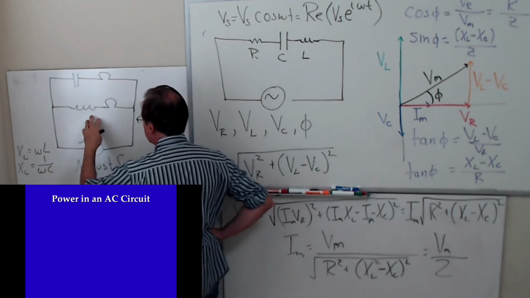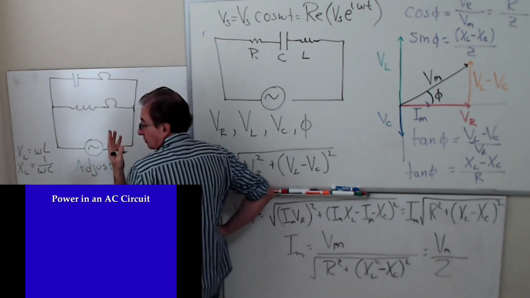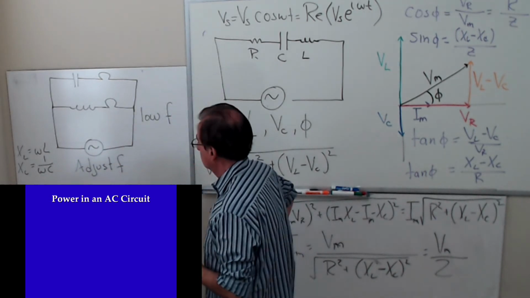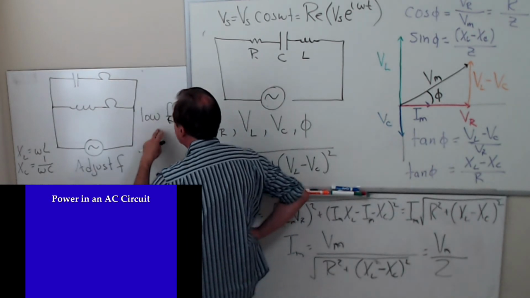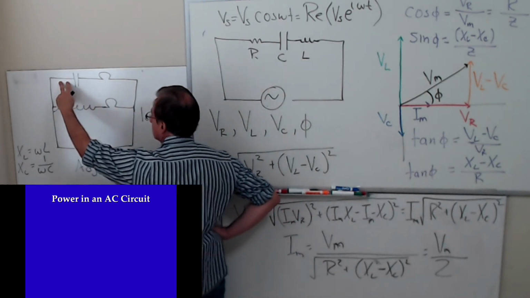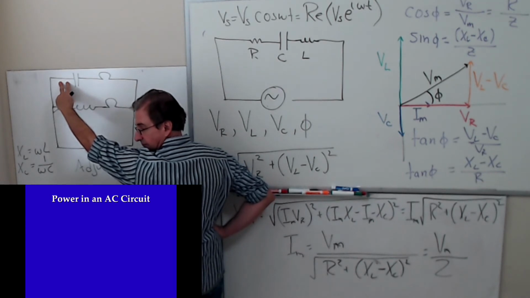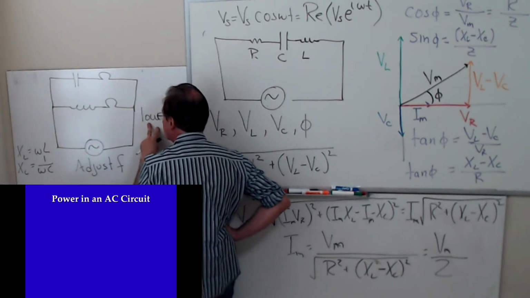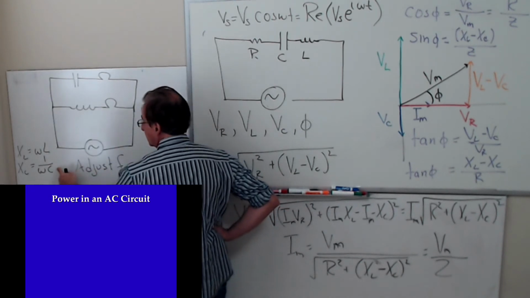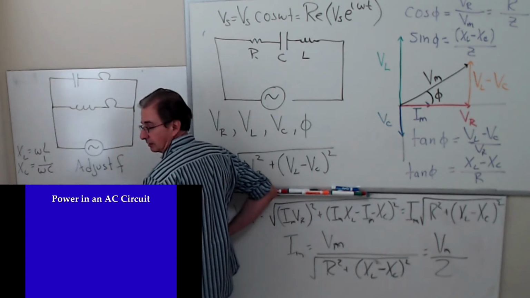And over here, you're going to have the power supply voltage divided by this impedance. That's going to be your current. So at low frequencies, what's the current going to be like here? At low frequencies, this thing is going to be huge. No current here, the light bulb will not go on.